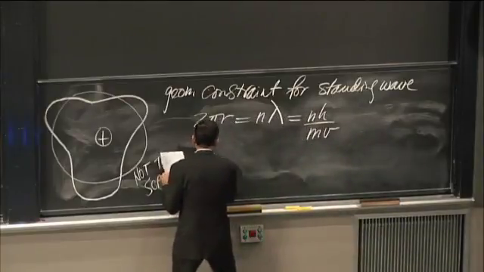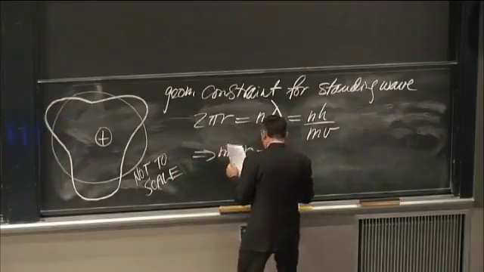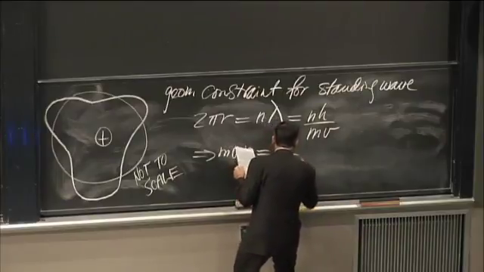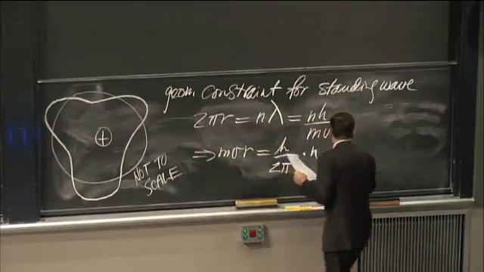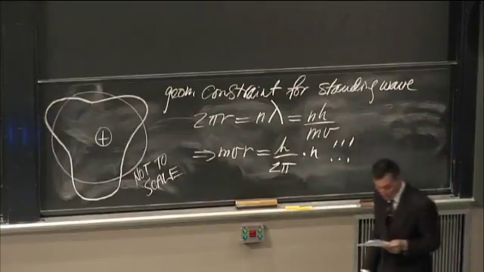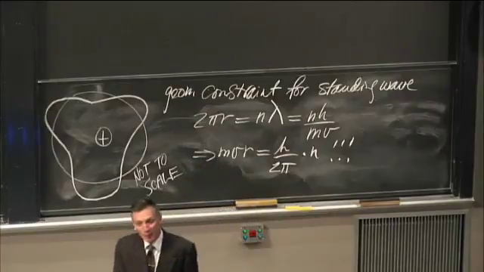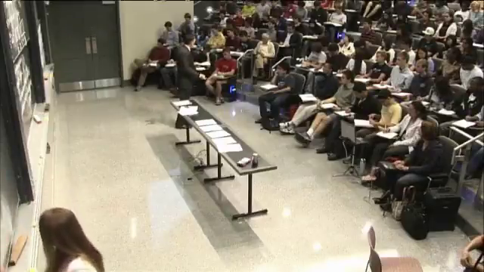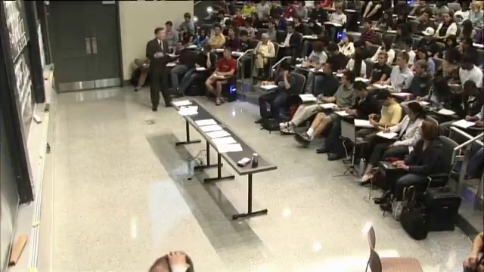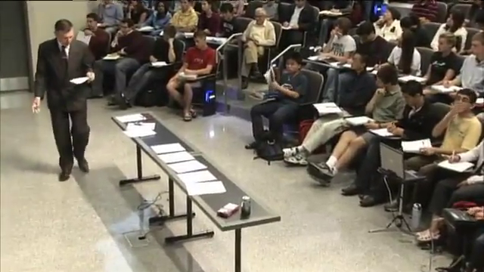I can cross multiply, and I get mvr equals h over 2 pi times n, which is Bohr's quantum condition. So we've got validation of the Bohr model, so that's a pretty compelling case that maybe the electron really does behave as a wave, and that explains why we have the quantum condition that we do.